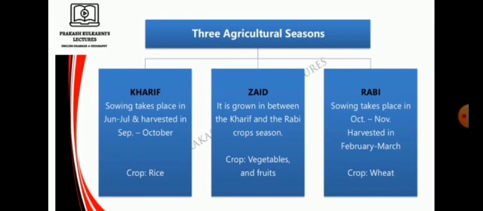Kharif sowing takes place in June, July, harvested in September, October. Crop: rice. Zaid is grown between the Kharif and the Rabi crop season. Crops: vegetables and fruits. Rabi sowing takes place in October, November, harvested in February, March. Crop: wheat.